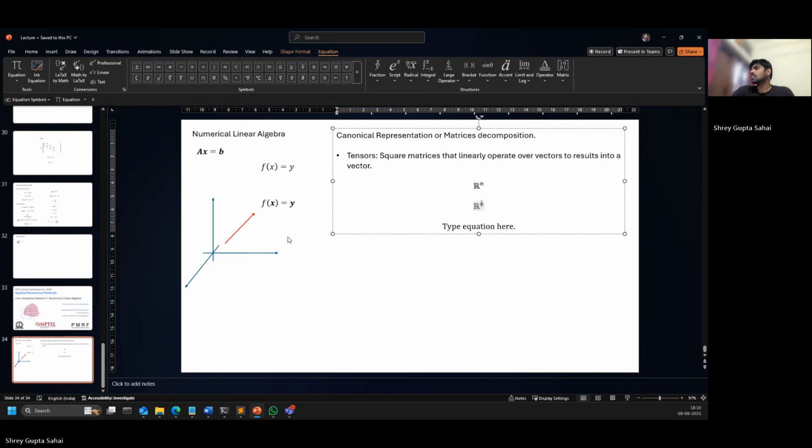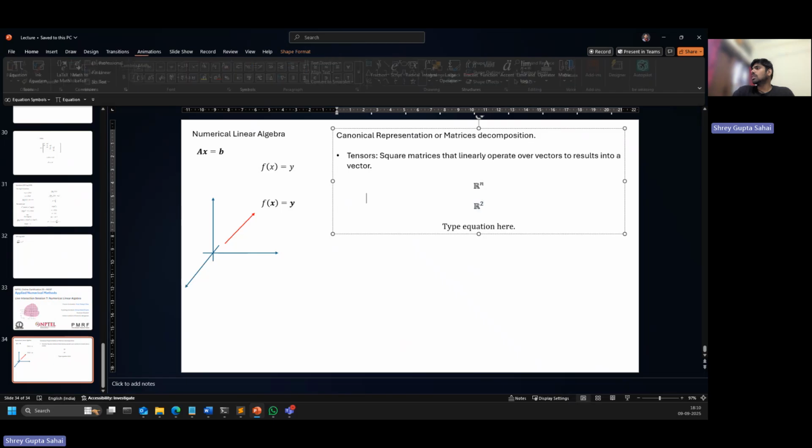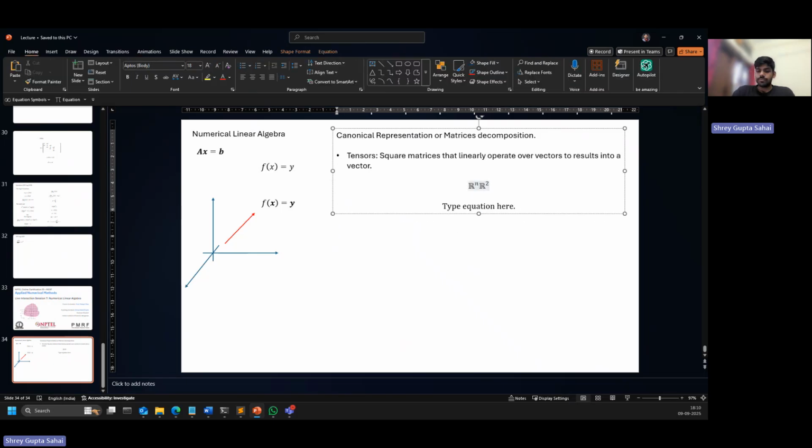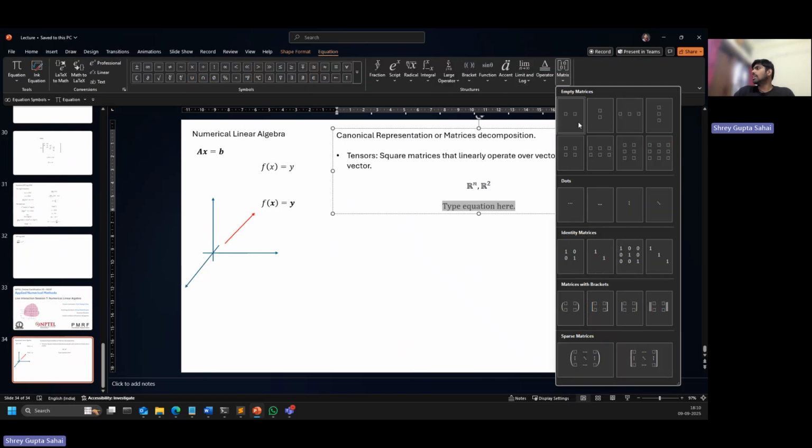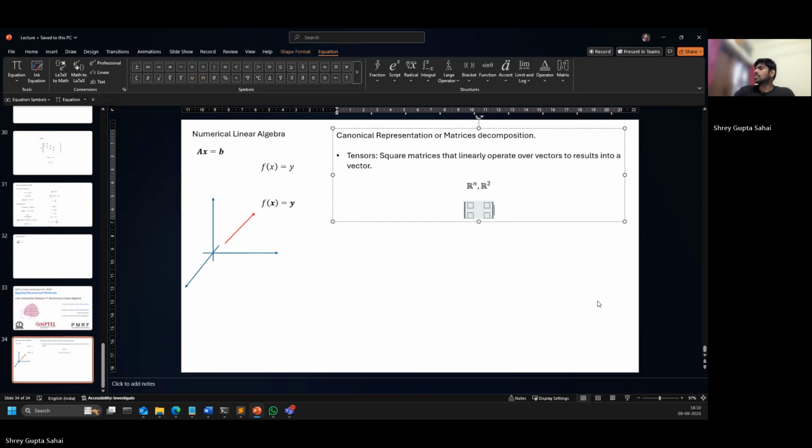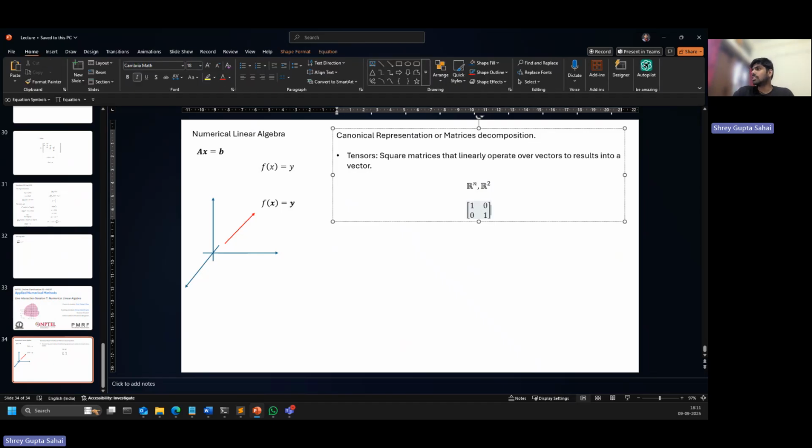Then we know this kind of a vector. We know there is a tensor called the unit tensor.